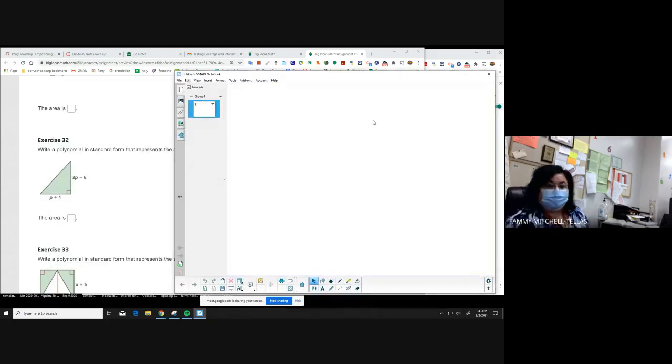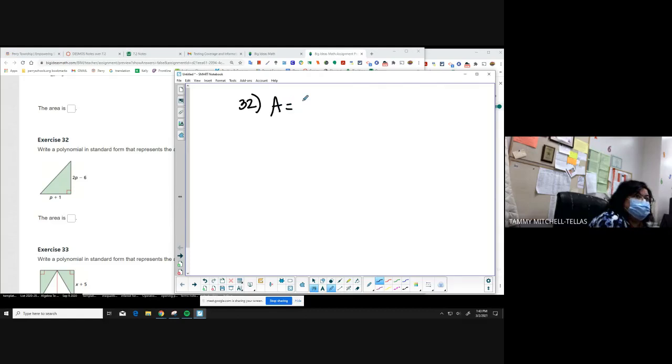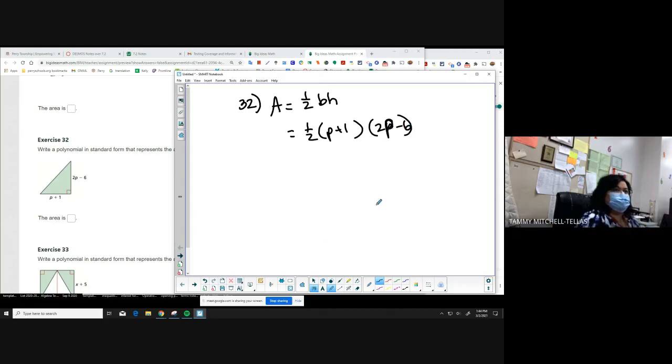Okay, formula for a triangle. Area of a triangle, what is it? Area is one half base times height, right? So we're going to do that exactly here. So one half, and then base is p plus 1, and height is 2p minus 6.